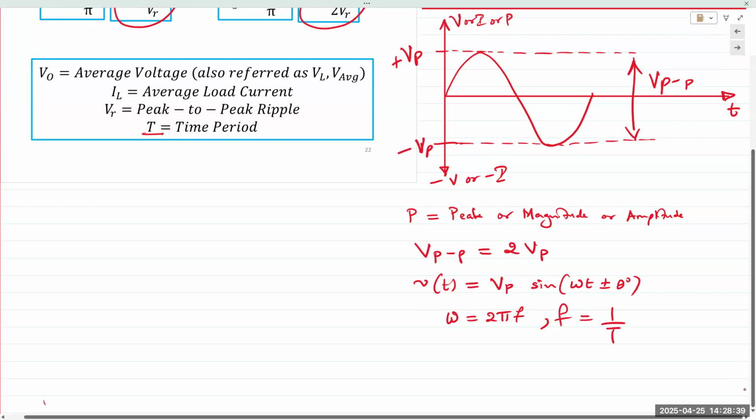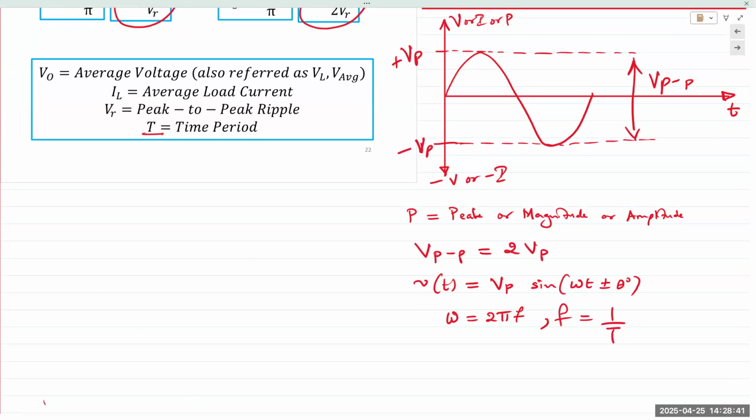But what we are interested in is the RMS and the DC values, specifically because we are looking at the rectifier circuits. All right, so what is the RMS value? The RMS value is the value of a waveform. Well, okay, let's back up. Let's say we have a resistor, value of R, 10 ohms, 100 ohms, doesn't matter. So you have a resistor and you apply a DC voltage to it.